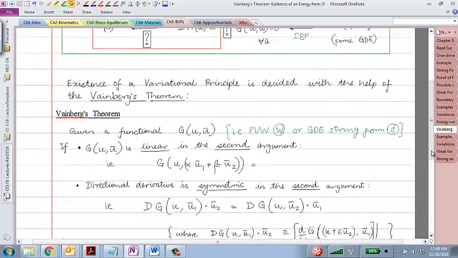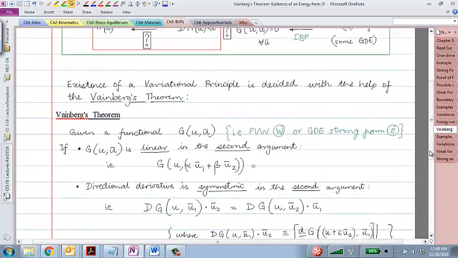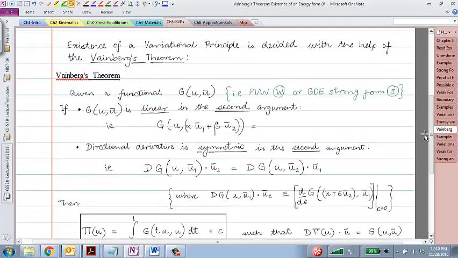It essentially says that if you're given a PVW weak form, if you're given this G functional, then it must satisfy these two properties, and only then can we say that an energy functional holds.